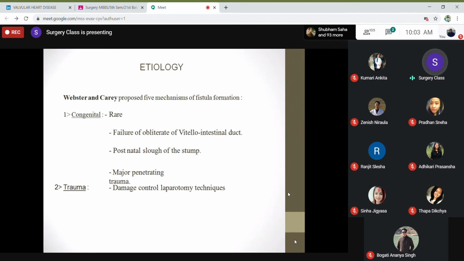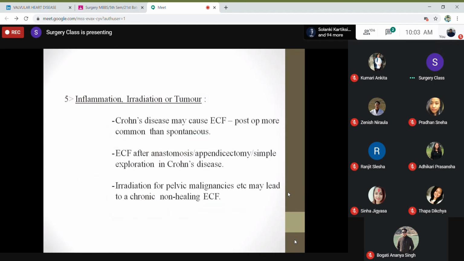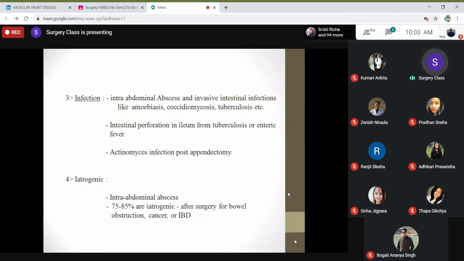So congenital, traumatic, infectious, as I've already told you, and iatrogenic, the post-operative. 75 to 85% are iatrogenic, after surgery for small bowel obstruction, cancer or inflammatory bowel disease. So the most common acquired fistula is the iatrogenic one. Then inflammation, radiation or tumors, and infections, as I've already told you.